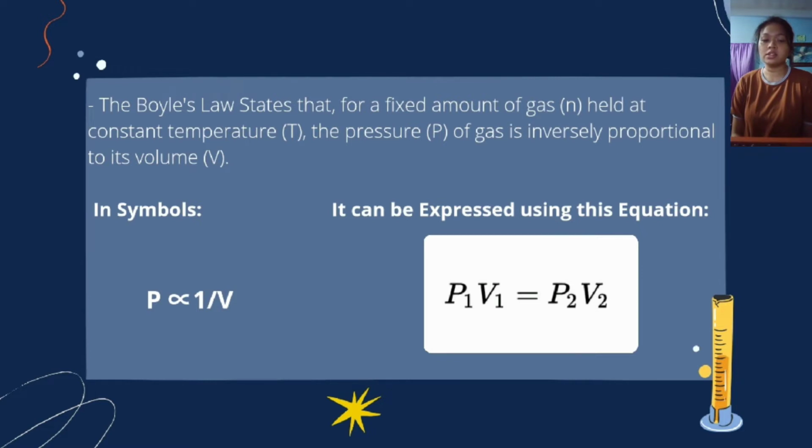In symbols, it is read as pressure is inversely proportional to volume. Boyle's law can be expressed using the equation P1 multiplied by V1 is equal to P2 multiplied by V2.